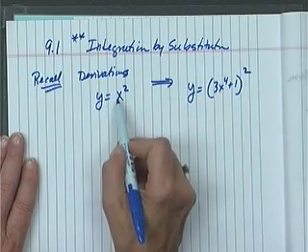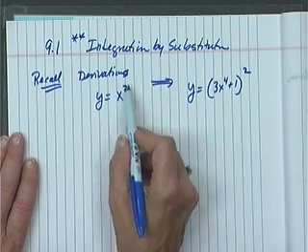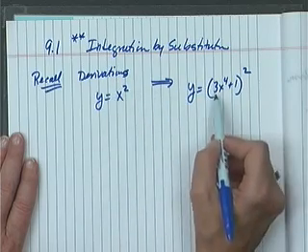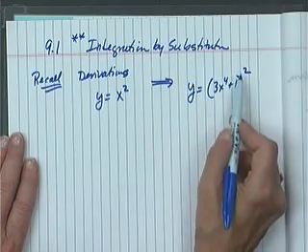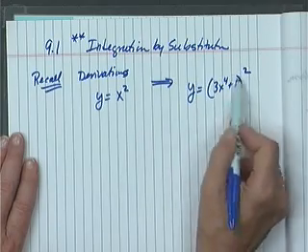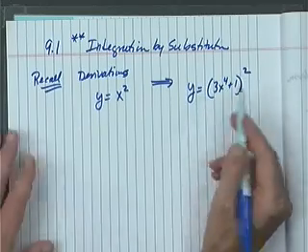Originally, we had the variable x raised to a power, and then we took the derivative. Later, we went to a function raised to a power. What rule did we use here? Chain rule, or really the general power rule.